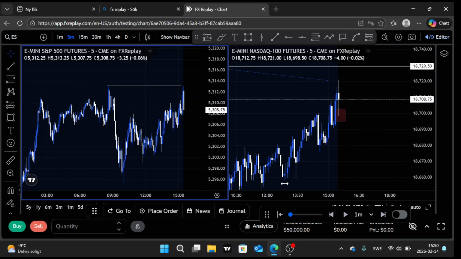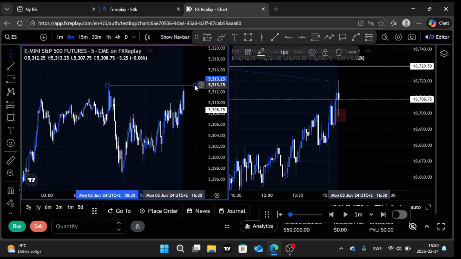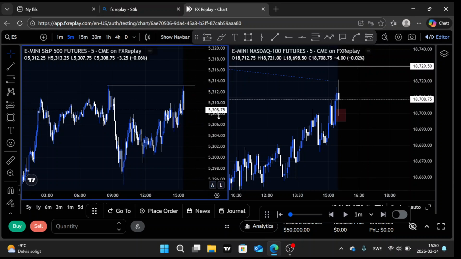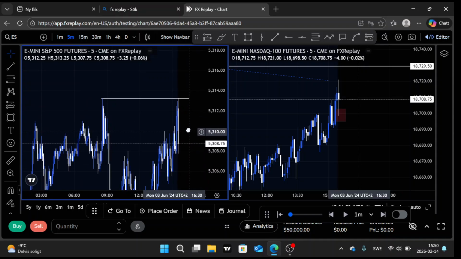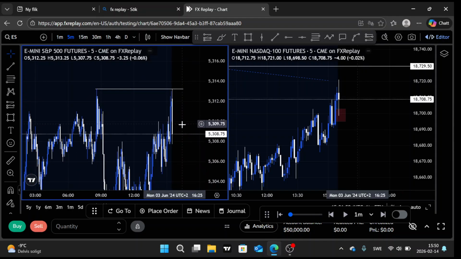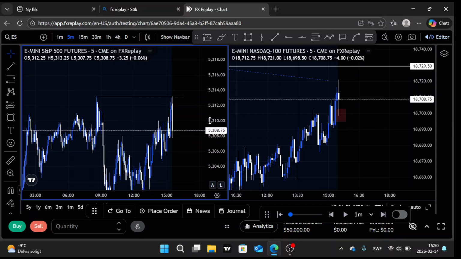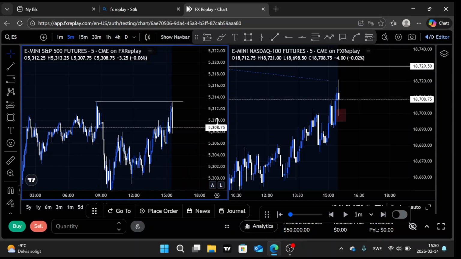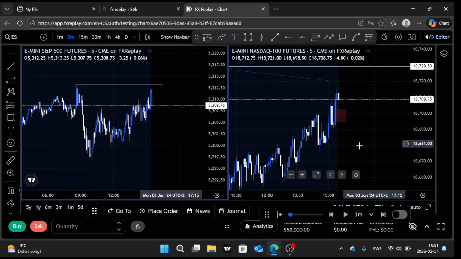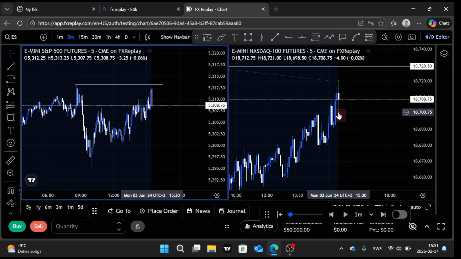Okay. We create equal highs, so we don't sweep that high on ES, and on NQ we still respect this 5 minute gap.